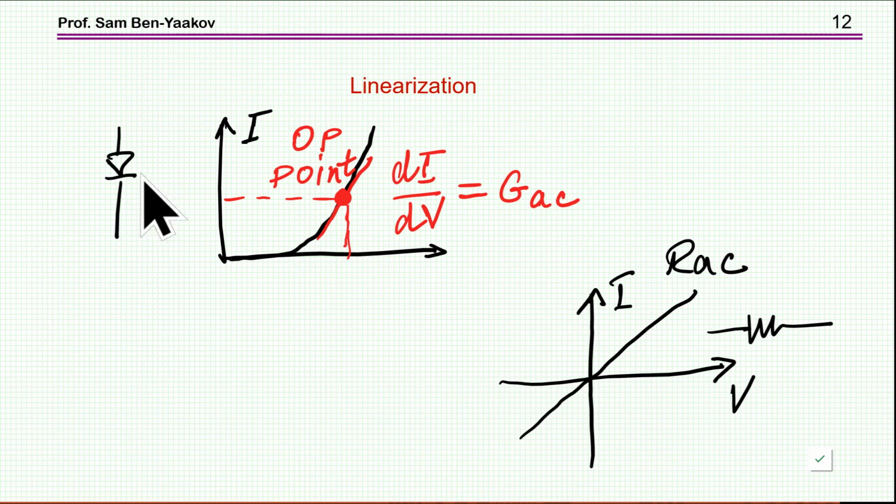In the case of the diode, say, if this is the VI curve, in this case we are getting the local conductance, GAC, the small signal conductance, or 1 over it would be like RAC. So now SPICE is referring to this element as replacing the diode in the AC analysis.